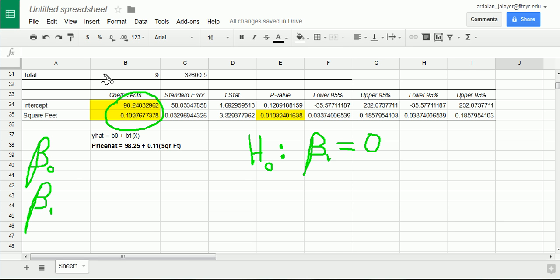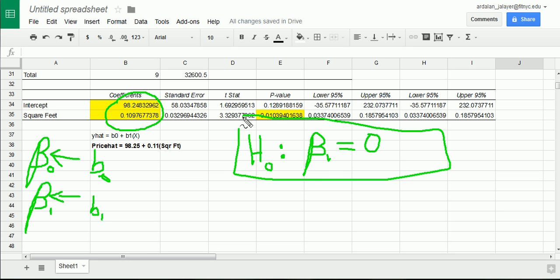Since what we got are sample estimates of these guys, we give them the Roman letters B0 and B1. So the null hypothesis here is testing whether the true slope is equal to 0 versus the true slope is not equal to 0.